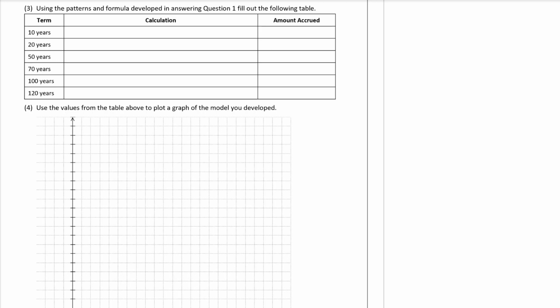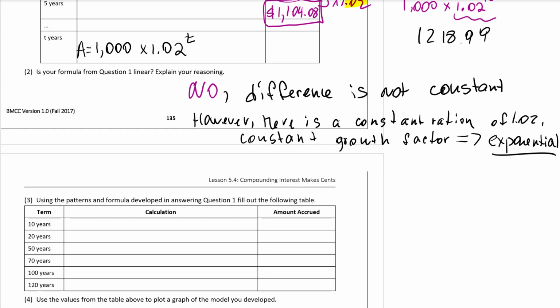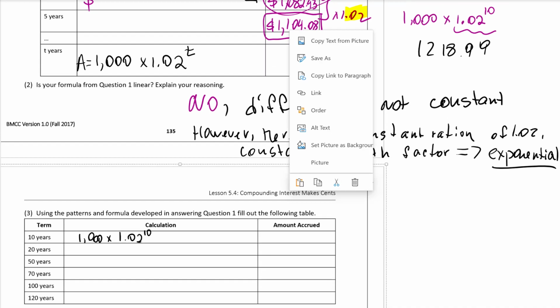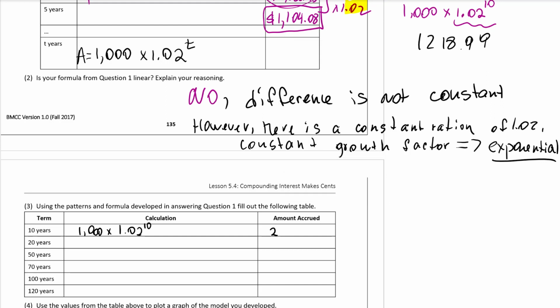I'm just going to enter one for you. For 10 years, we already did this, so we just copy it. It was 1,000 times 1.02 to the power of 10, and we got the answer of 1,218.99.